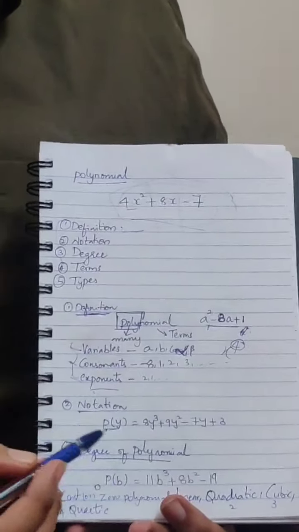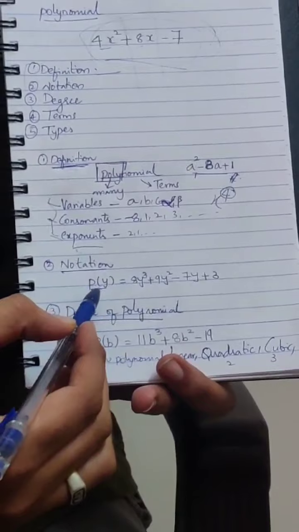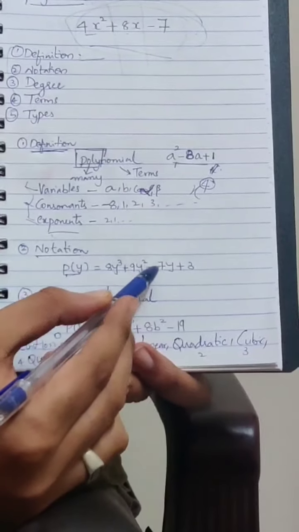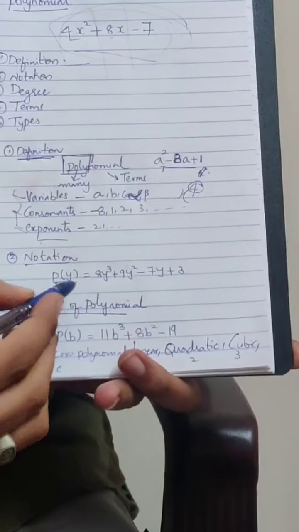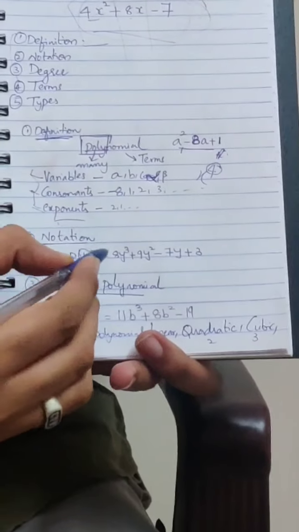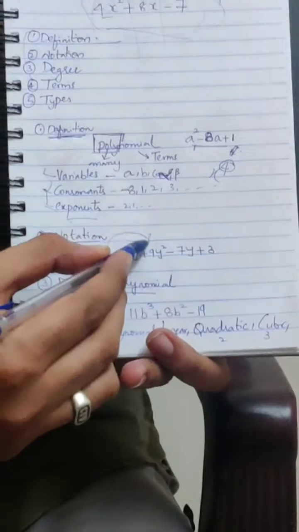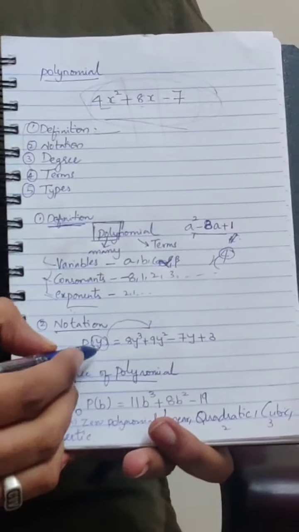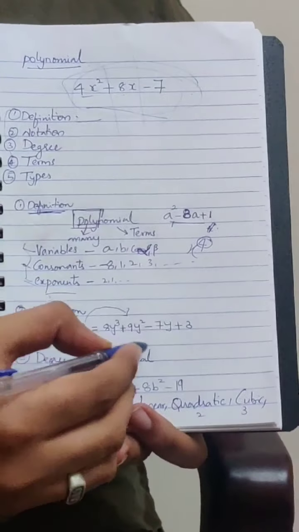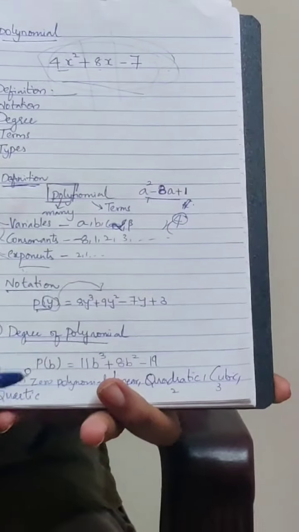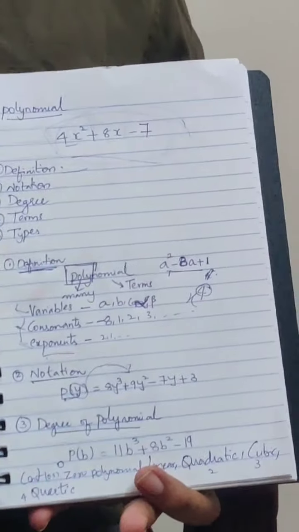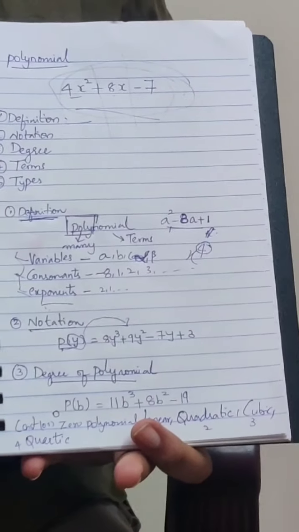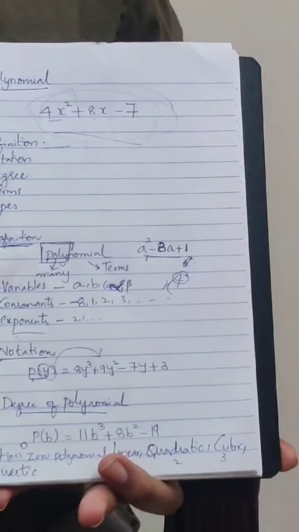If you look here, p of y is equal to 8y cube plus 9y square minus 7y plus 3. When I mention y here, all the variables will be of y type. Informally, if this is of the y family, all the variables fall under y. The notation of a polynomial is very important to remove confusion.